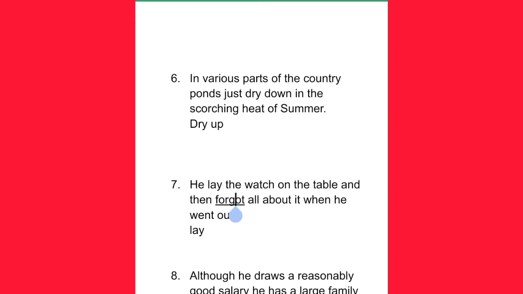That denotes that we are talking about the past. And lay is the present tense form. Therefore, this is the error. Here we must use the past form of the verb lay. It should be laid the watch. That means he put the watch on the table and then forgot all about it. So instead of lay, it should be laid.